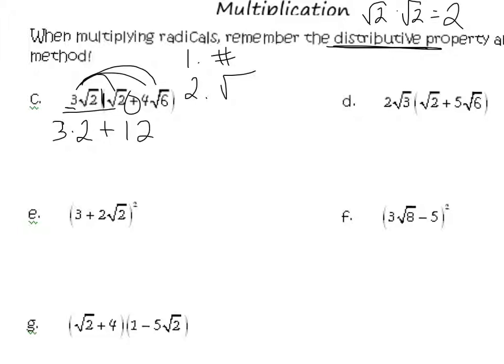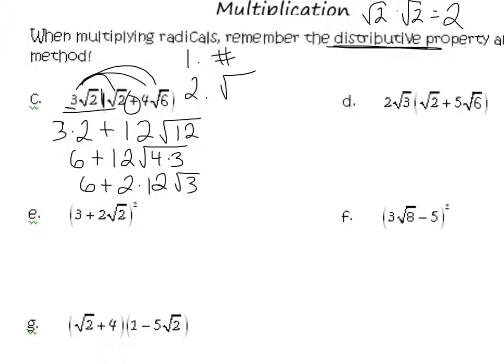And then we've got the square root of 2 times the square root of 6. Remembering that you multiply under the square root, square root of 12. 3 times 2 is 6 plus 12 square roots of 12. The square root of 12 is 4 times 3. So it's really 6 plus 2 times 12 square roots of 3, which is 6 plus 24 square roots of 3.